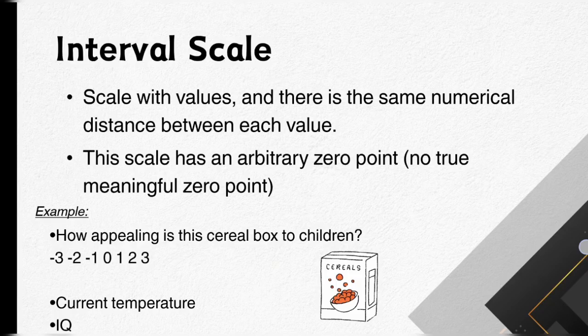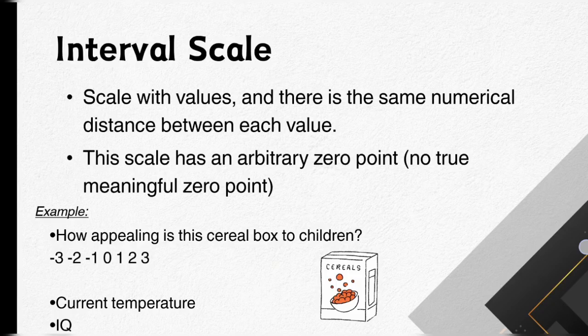The interval scale measures data where the difference between values is meaningful and consistent, but there's no true 0 point. Without a true zero, you can't make statements like twice as much or half as much. Think of it as numbers with equal gaps but no absolute zero. One good example of an interval scale is temperature in Celsius or Fahrenheit.